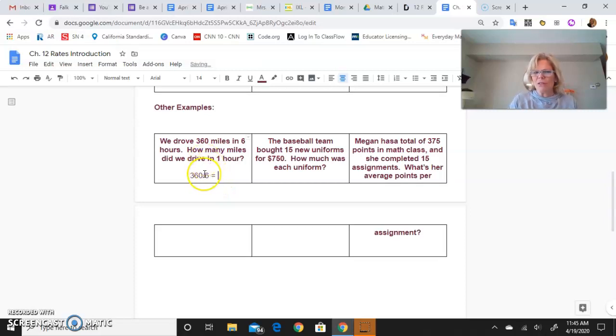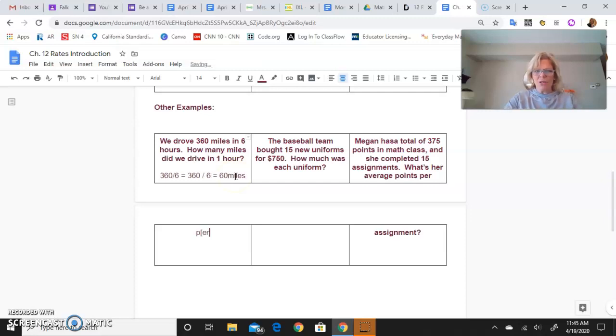So there's my division, 360 divided by 6 equals 60. So we drove 60 miles in 1 hour, or 60 miles per hour.